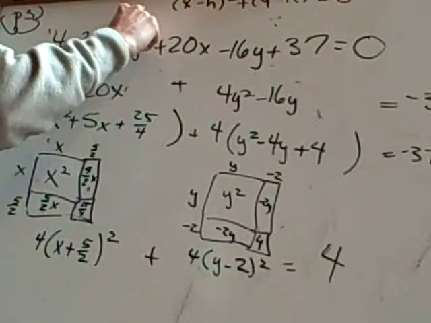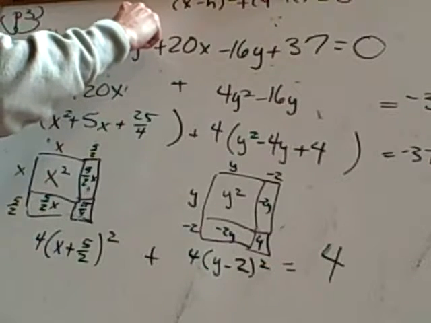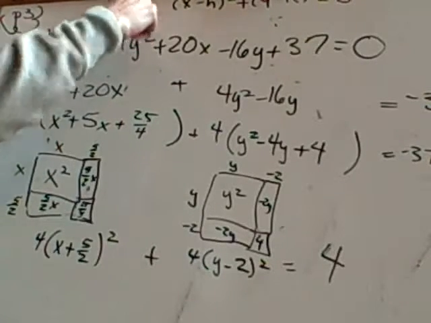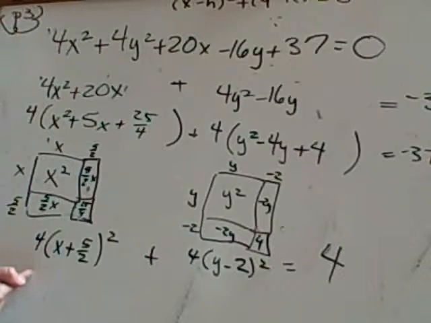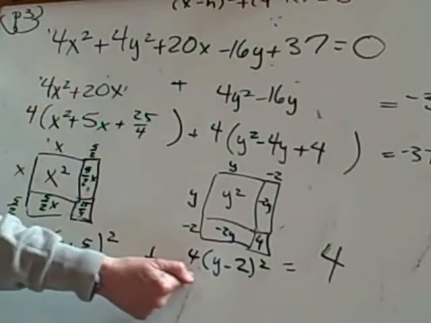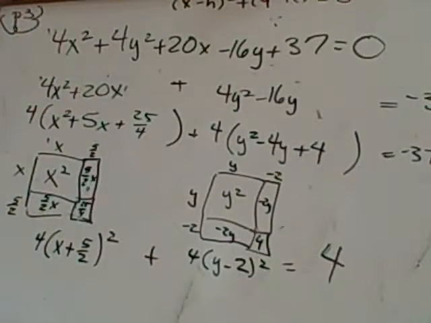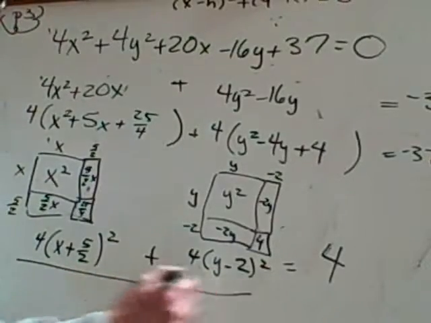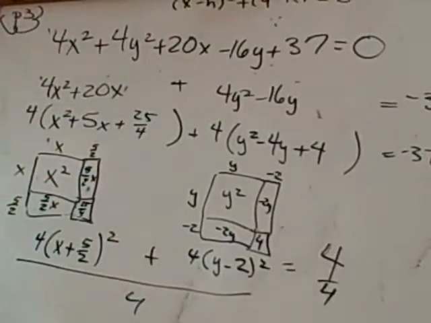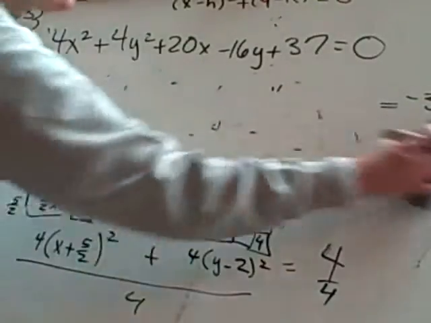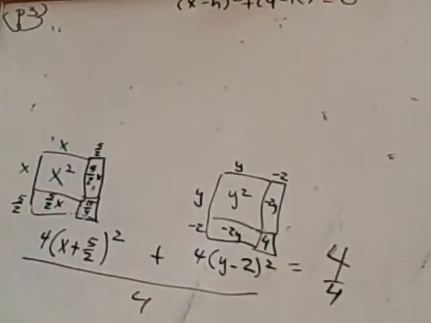in front of the x minus h quantity squared? 1, right? So I don't have that here. What do I have in front here? A 4. So I have a 4 and a 4. I'm going to divide both sides by 4, the whole thing by 4. 4 over here and 4 over there. And I'm going to erase a little bit of this so we can see what we're doing. Sorry about that.